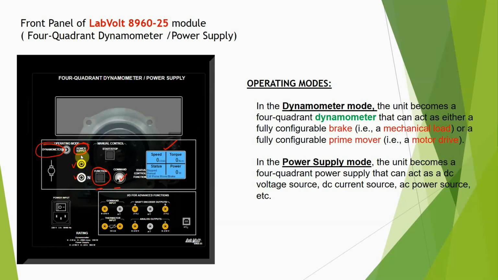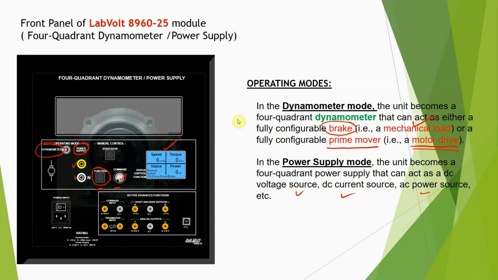But in the prime mover mode, the unit becomes a 4-quadrant dynamometer that can act as either a brake, which we can use as a mechanical load, or as a prime mover, a motor drive to drive another motor, right? As a power supply, the unit becomes a 4-quadrant power supply that can act as a DC voltage source, DC current source, and also AC power source.